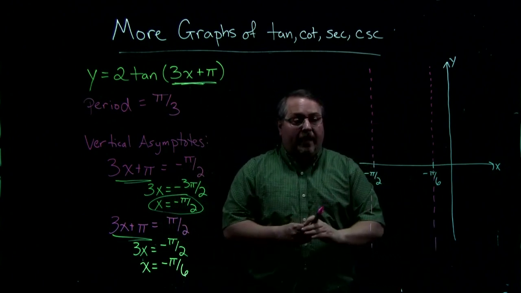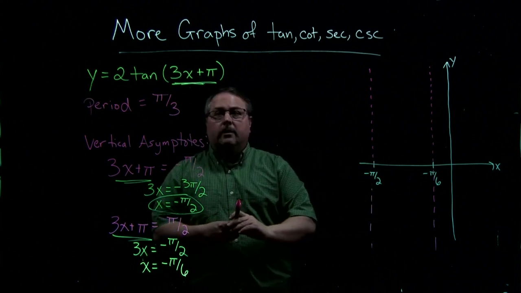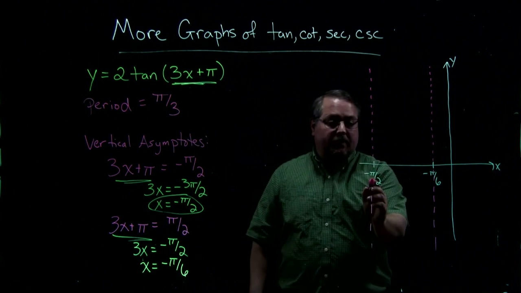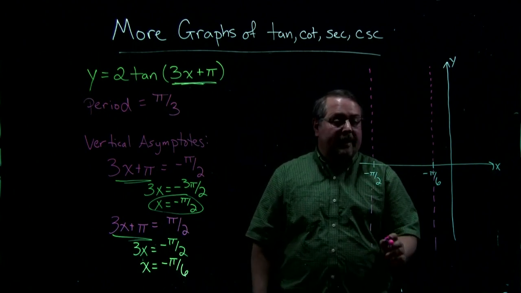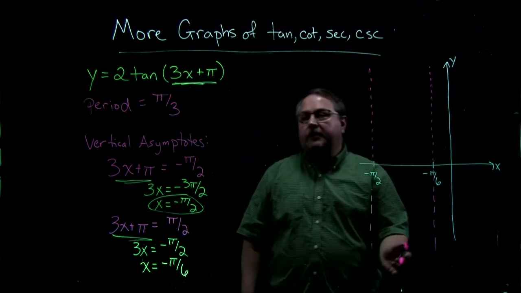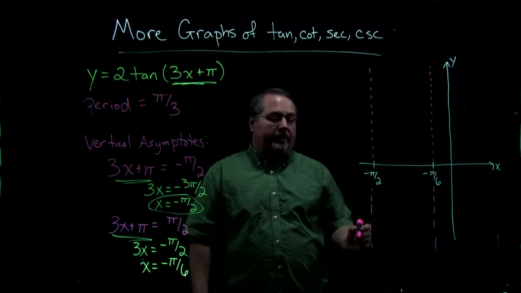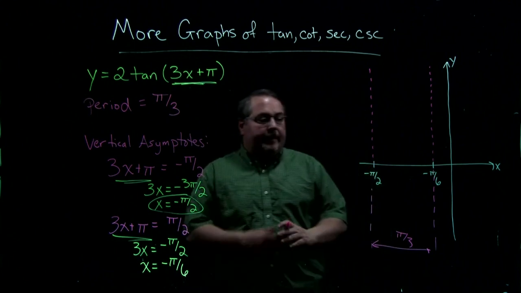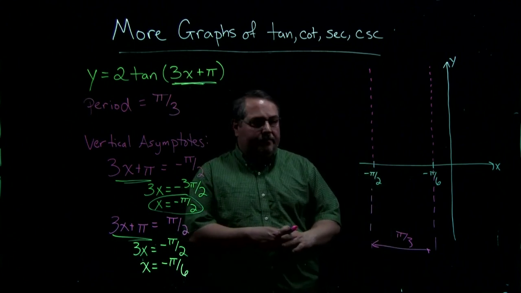Those are the boundaries of our so-called principal cycle. If we check, the distance between negative pi over 2 and negative pi over 6 is pi over 3, which is our period. Just an observation that that distance is one period.